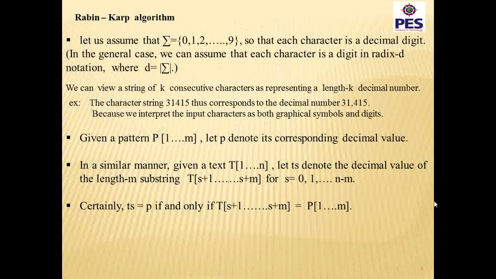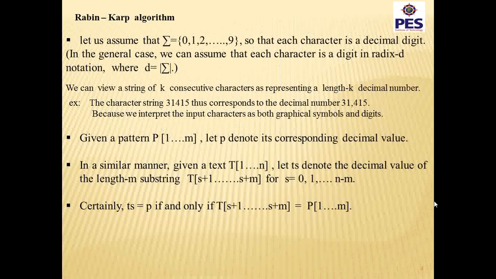So we will take one example to illustrate this Rabin-Karp algorithm. Let us take the input digits from 0 to 9, so the base of these digits, being decimal, is 10. So the radix, or base, we will take as d, and in our example it is 10.